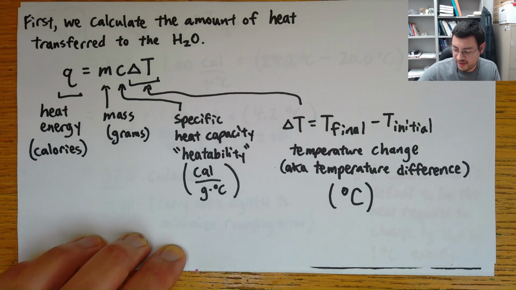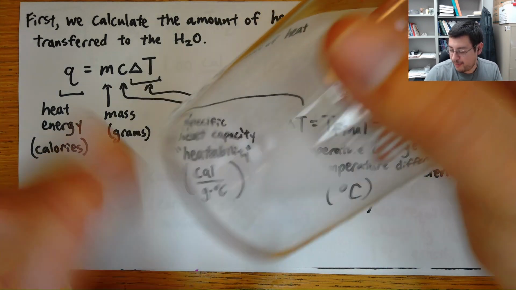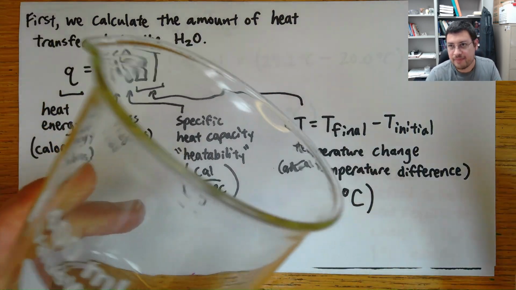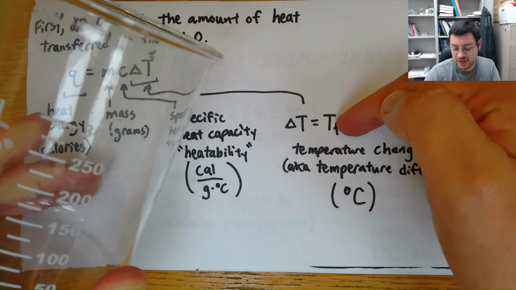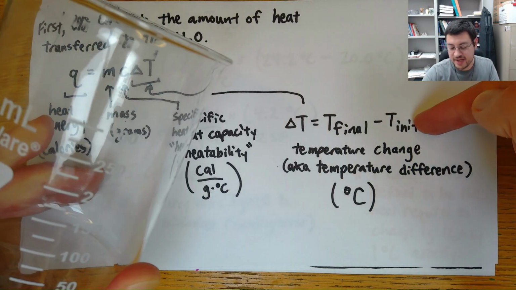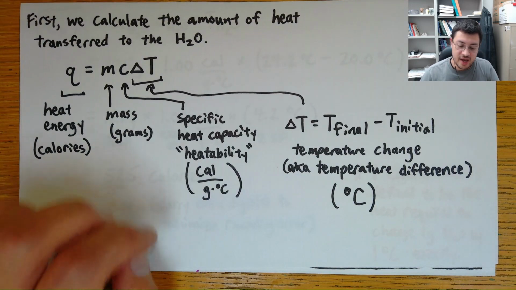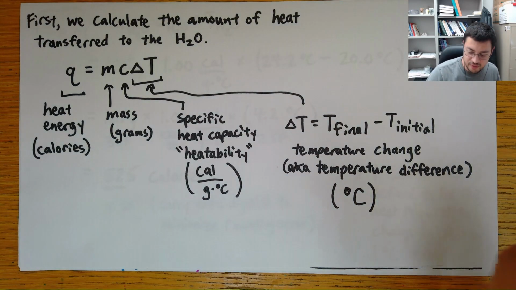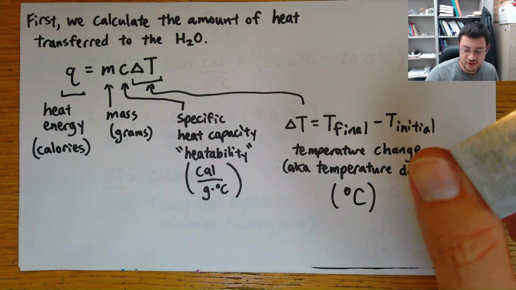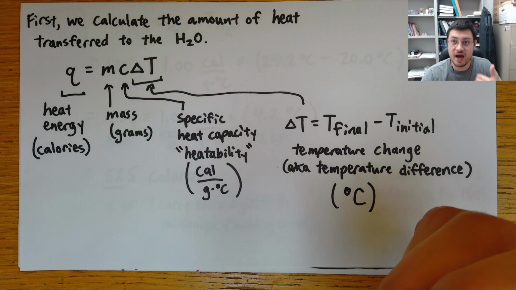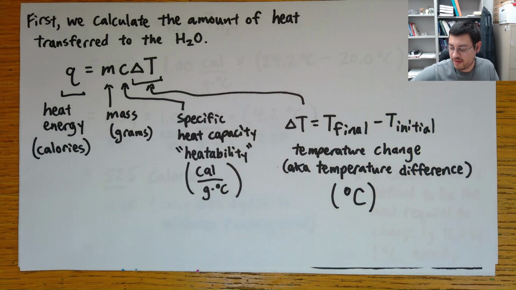So like if I had water in here and I put a hot object in, the water in there will heat up. And so that final temperature, the hotter temperature, minus the initial temperature, I would get my temperature change. For my cube though, we're going to calculate delta T later for the cube. The cube cooled down, so that delta T is going to end up being a negative number. We're going to have to be okay with negative numbers.